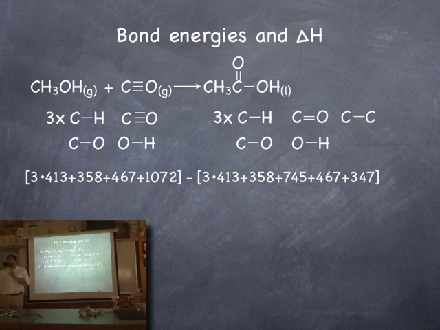When we're dealing with delta H f values, enthalpy of formation, we said it was the sum of the products minus the sum of the reactants. When we're dealing with bond energies, it's the sum of the reactants minus the sum of the products. Yeah, you could ignore everything that's the same on both sides, but I like to write everything out completely just so you can see what's going on. So this reaction has a delta H value of negative 20 kilojoules per mole.